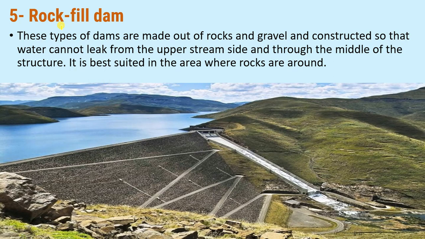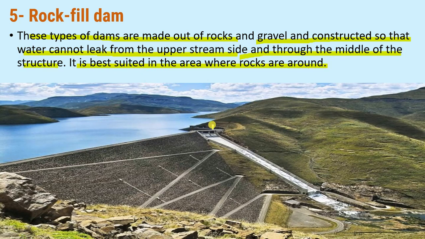Now rock fill dams. These types of dams are made out of rocks and gravel and constructed so that water cannot leak from the upstream side and through the middle of the structure, and that way it is best suited in areas where rocks are around.